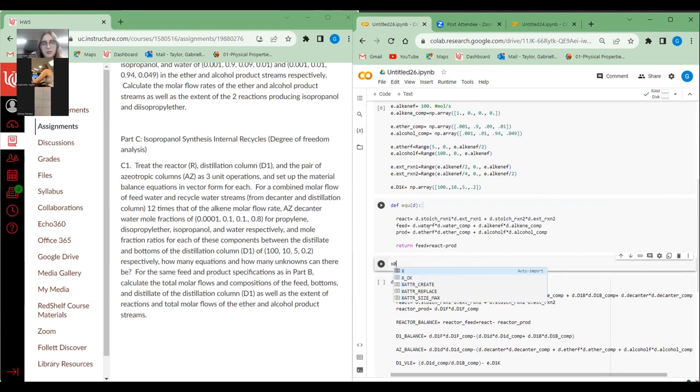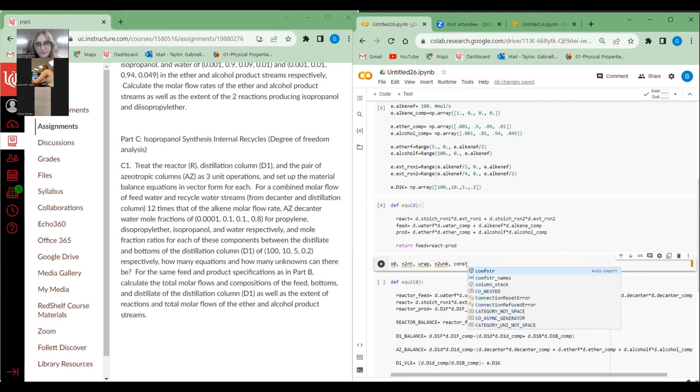our wrap of our X2 unknown, and then it's going to give us our dictionary named tuple, and we're going to put it in our dictionary that we made, which was E, right?